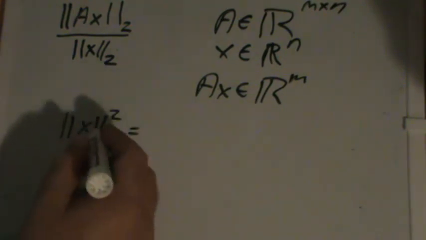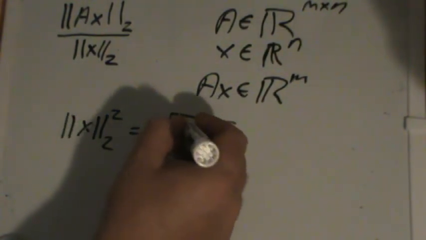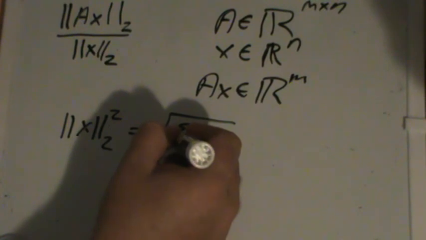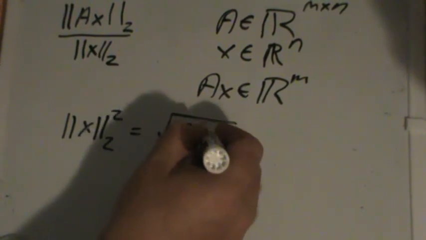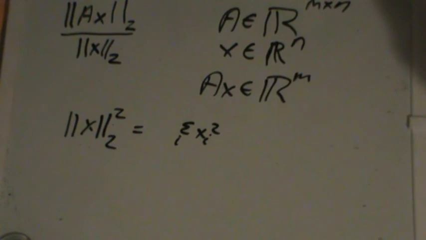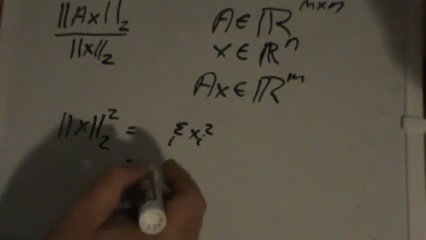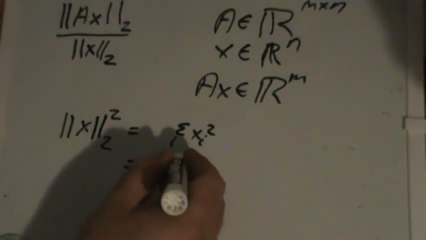Now remember what we're doing on this. The 2 norm itself was the square root of the sum over i of the x_i squareds. And then if I square a square root, I just end up with the sum of the squares. But the sum of the squares, I can get that. That's the definition of the inner product of x transpose times x.